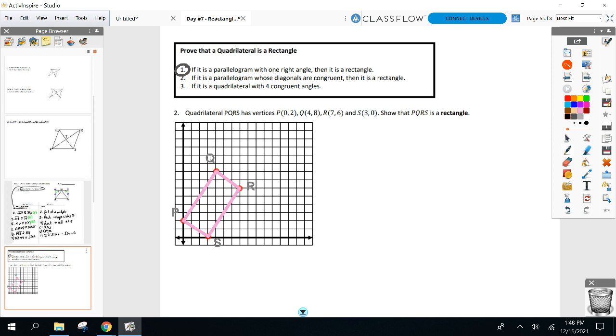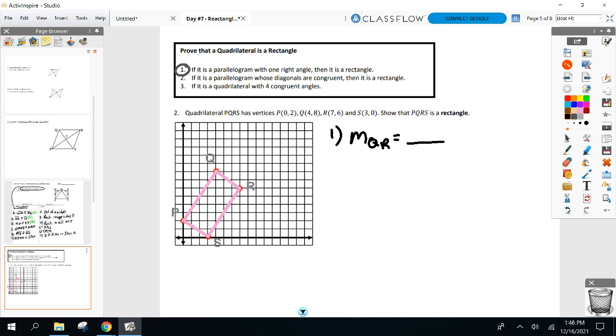So we're going to show opposite sides are parallel by using slope. Letter for slope again, because I don't want to write out slope every time. M, thank you, Meg. So let's first find the slope of QR, everyone. I know it's change in y over change in x, but I'm not going to plug in the coordinates.